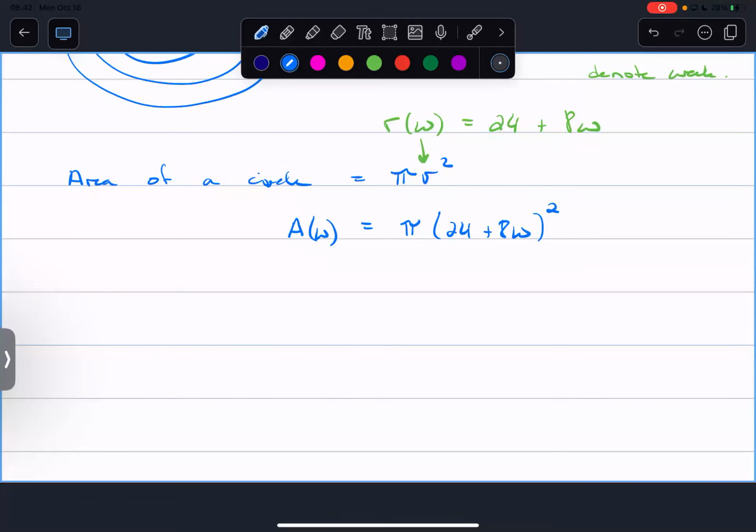Whereas here, when we just have it as pi r squared, this is the area as a function of the radius, but the radius was a function of w, right? So what did we do? This here is the same as the area composed with the radius of w.